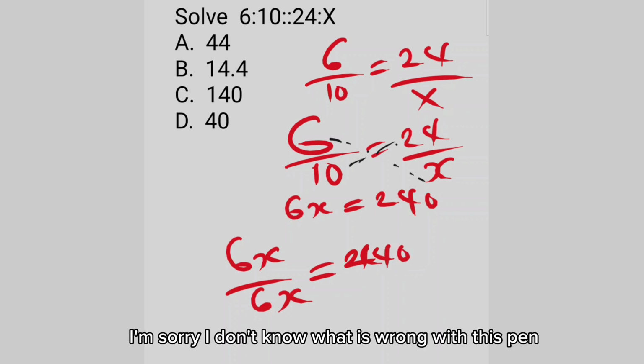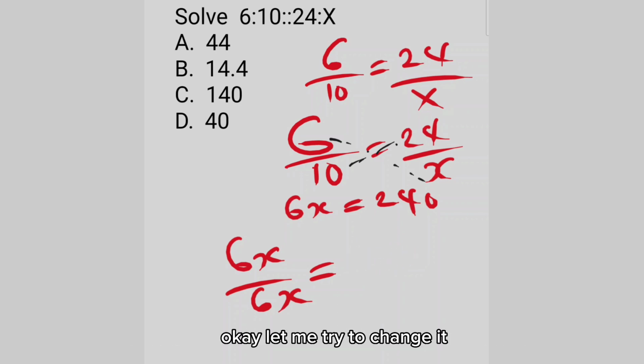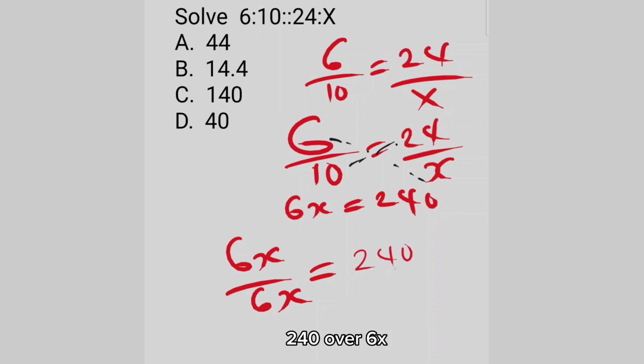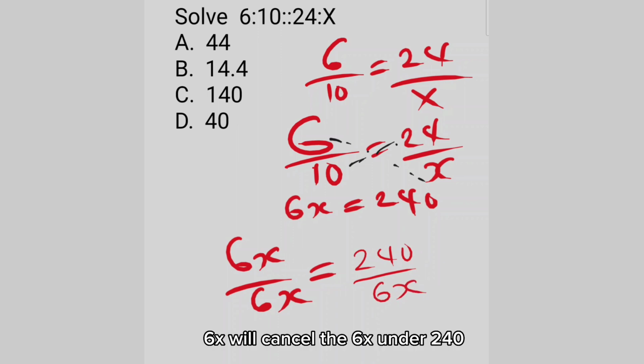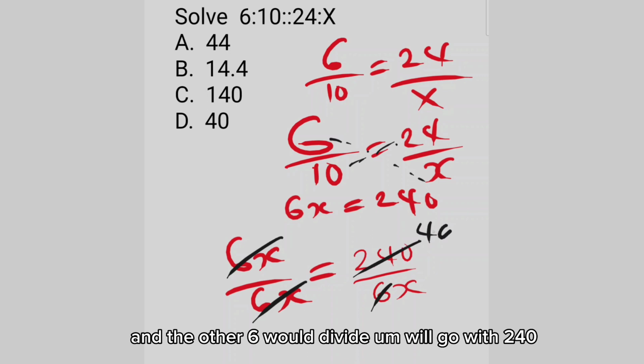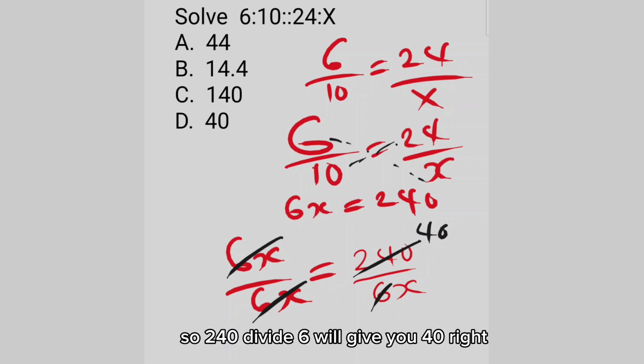I'm sorry, I don't know what is wrong with this pen. Let me try to change it. So 6x over 6 equals 240 over 6. The 6 cancels, and 240 divided by 6 will give you 40. So the answer is x equal to 40.